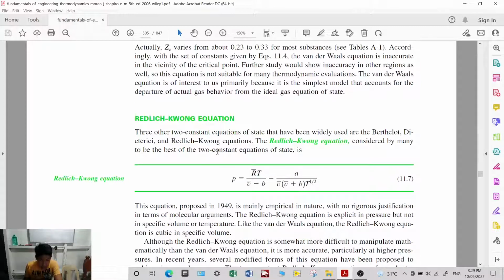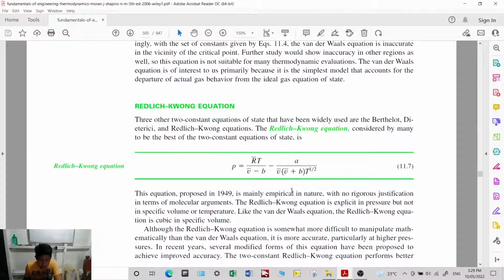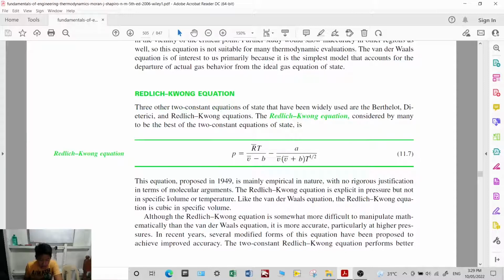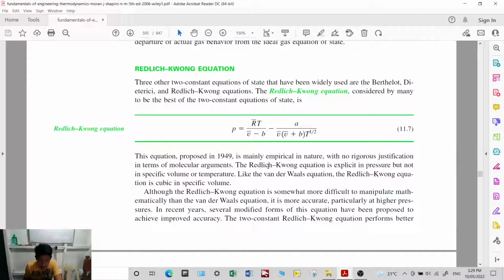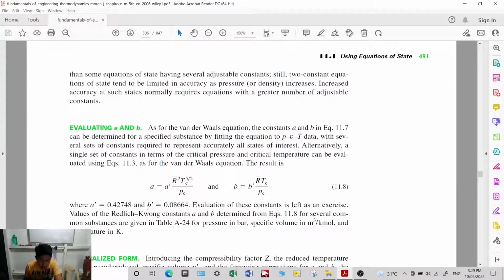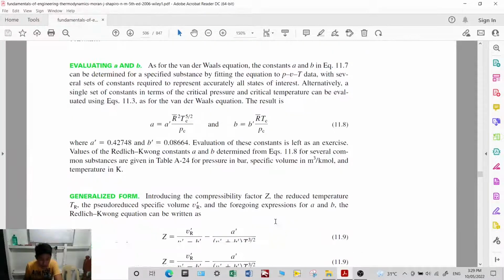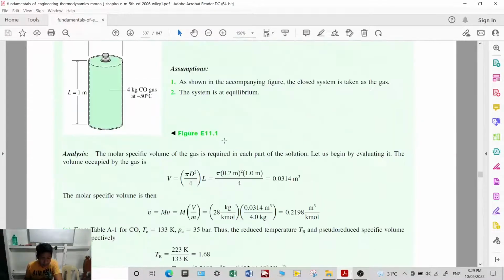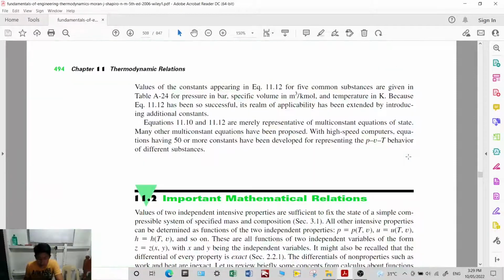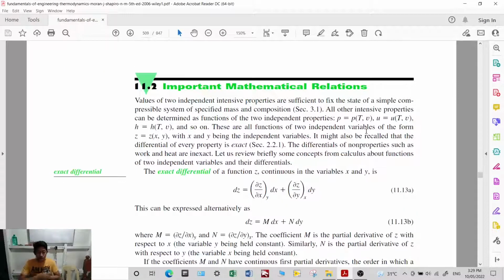Again, this is a two-constant equation. Again, its A and B are obtained based on the critical properties. We will skip this and proceed. Actually, those two equations, the Redlich-Kwong equation and the van der Waals equation, we will use later on.